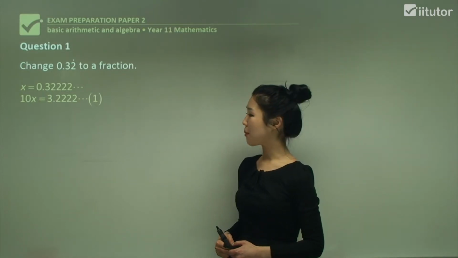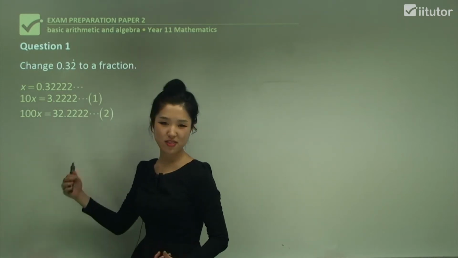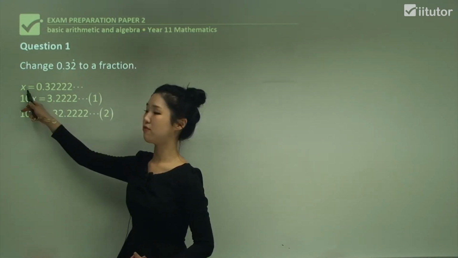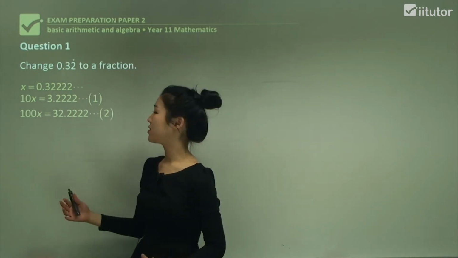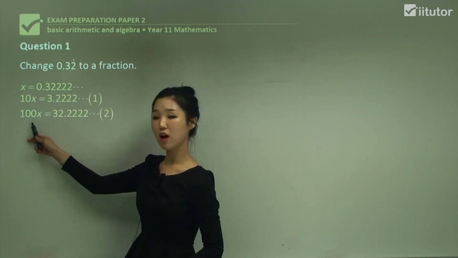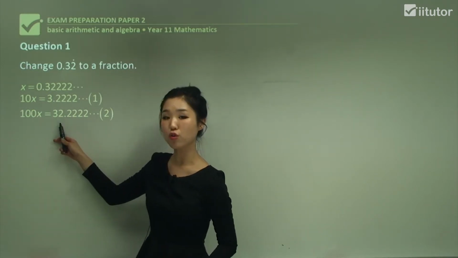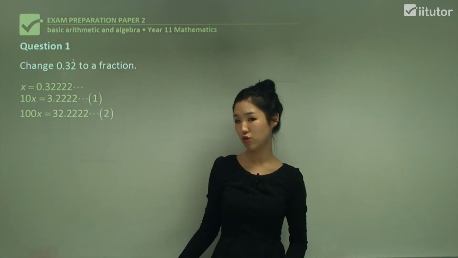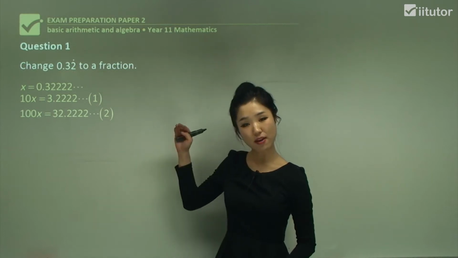This time I'm going to multiply an extra 10 to the 10x, or you can think that I'm multiplying 100 to the first equation, the original x. Basically, 10x times 10 is 100x, and 3.2222 times 10 is 32.22222. Now again guys, you can compare the two equations.